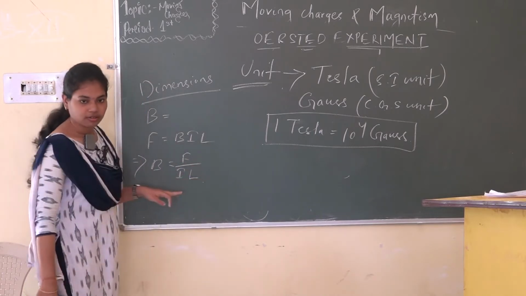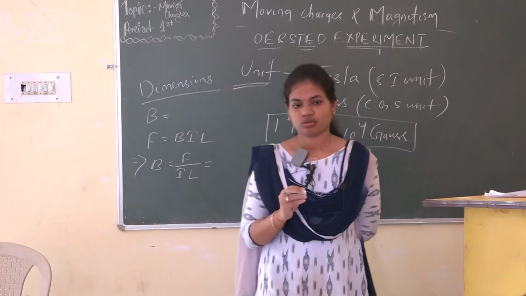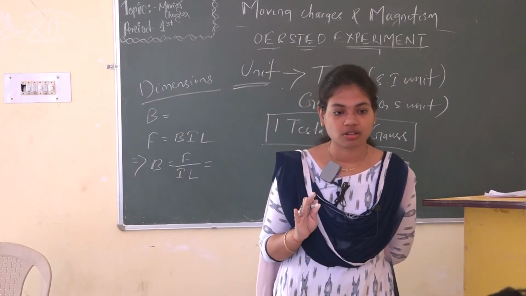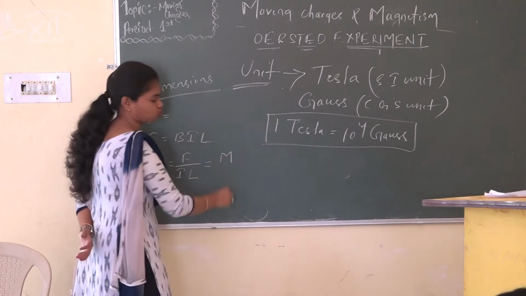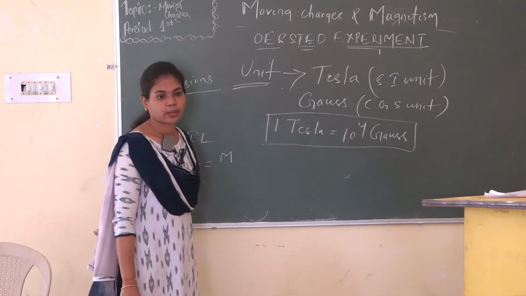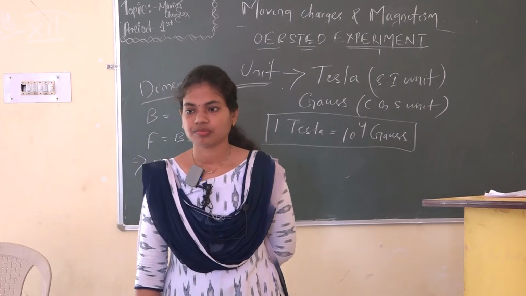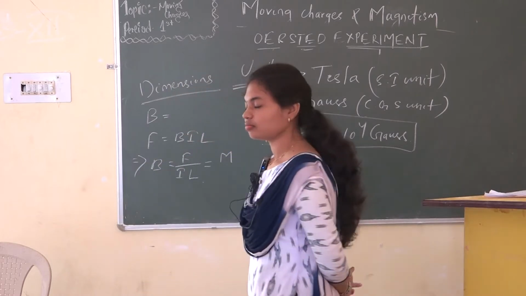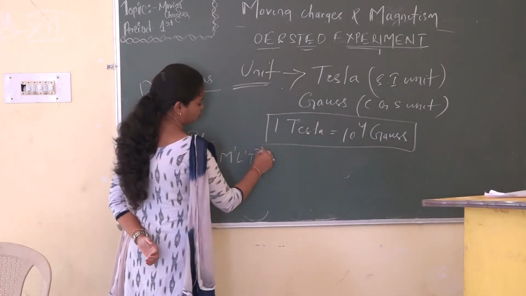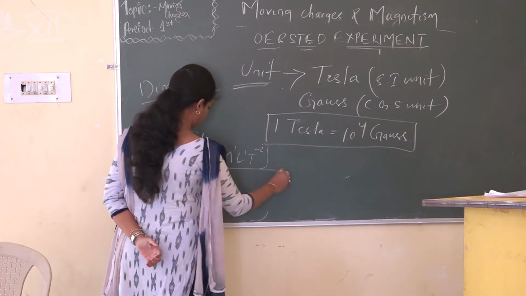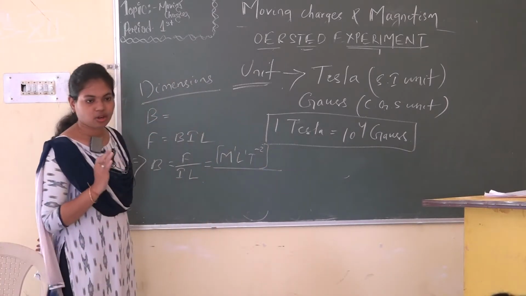Okay, what is the dimension of force? The dimension of magnetic force is M1 L1 T minus 2. Then what is the dimension of I, that means current?